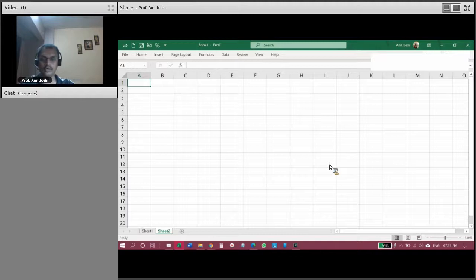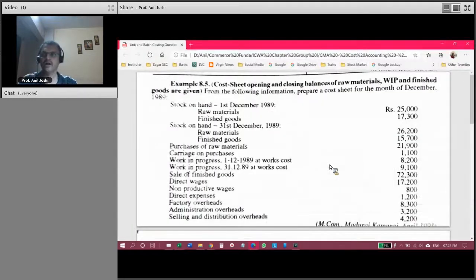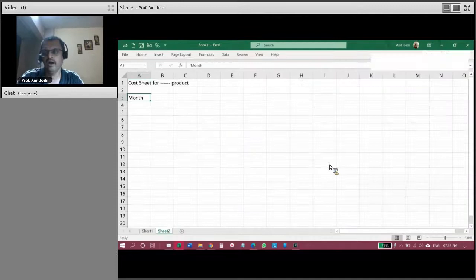Now you will typically mention the cost sheet for whatever that product or job is. Then the period, month, whatever. So December 1989, that you will write here. Correct?